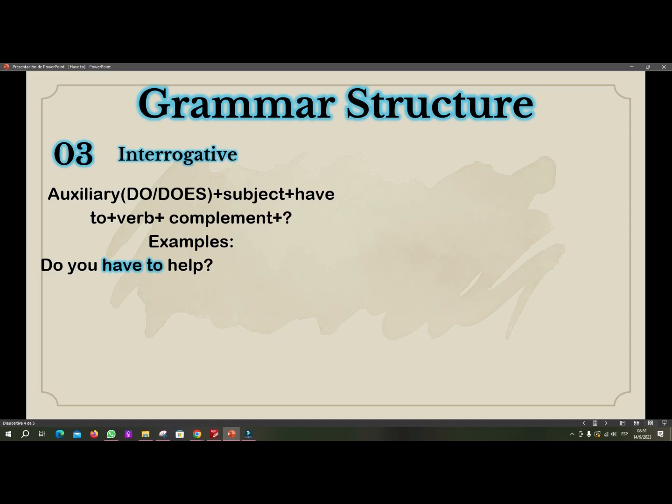First, the auxiliary do, then the subject, have to, and the verb, and question mark. Do you have to help? Yes, I do. In this case, you should answer with the auxiliary. So, yes, subject, do. That will be the auxiliary, not have to, right? Just I do. Or no, I don't. That will be the answer. Or does she have to do the laundry?